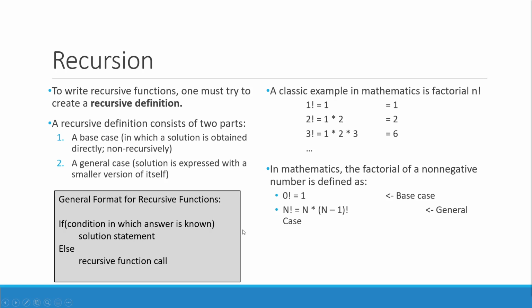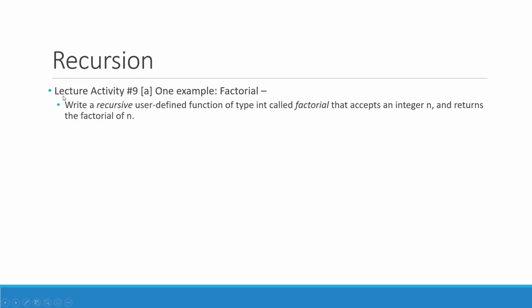So this if statement here with the solution statement, this is the area where I would put the base case, and in the else, this is the area where I would put the general case. Okay, so I can introduce this to you if we do the first part of the lecture activity now. So lecture activity 9 part A, this is one example of recursion, the factorial function. So write a recursive user-defined function of type int called factorial that accepts an integer n and returns the factorial of n. Okay, this is going to be very, very simple.